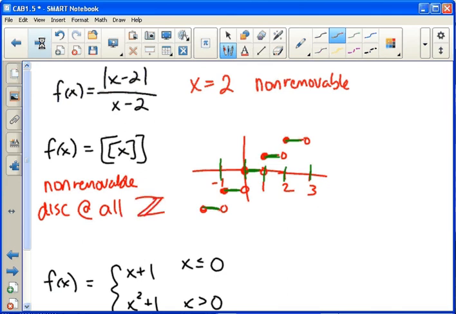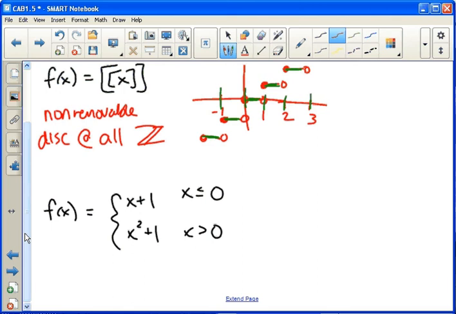Okay, and last one we're going to look at is a piecewise function. For a piecewise function, you need to first look at the individual functions and see if they have any problems. So think about x + 1. It doesn't have any issues. There's no denominator, so it's not going to have any discontinuities by itself. Same with x² + 1. Individually, they're not a problem. But since it's a piecewise function, we have to look and see what happens where they meet.